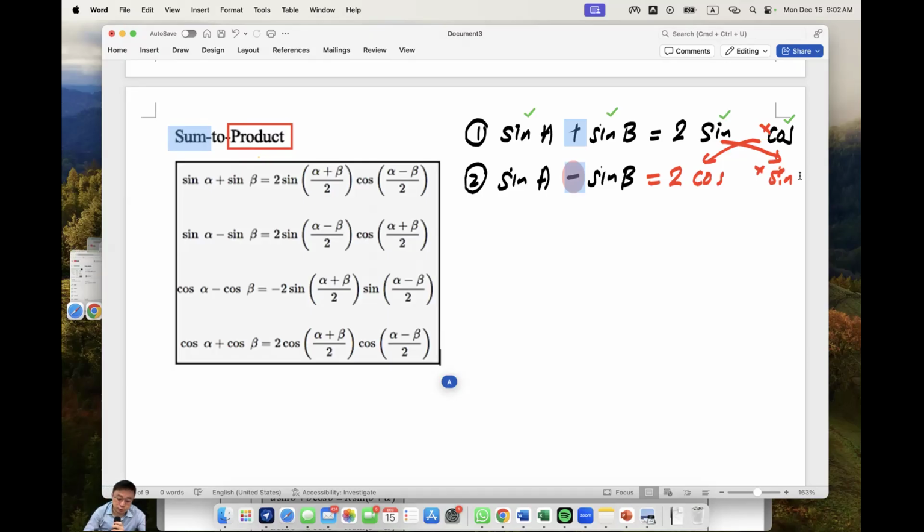Okay, number 3. What do we still have, class? Can you see another 2 is what? We do not have sine plus cos. They must be the same function: sine plus sine, sine minus sine, isn't it?